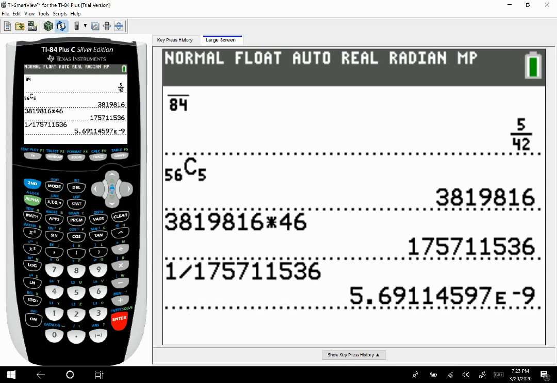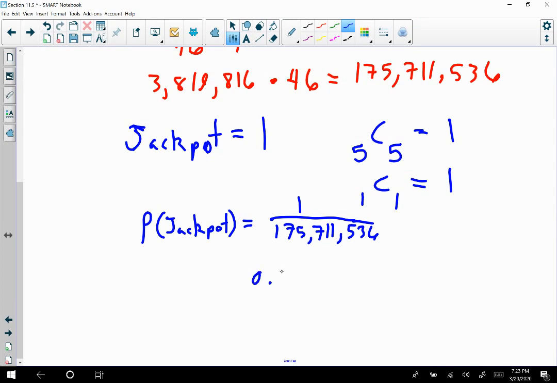That e to the negative 9 means it is scientific notation. If we look at this in unscientific notation, it looks like this: 0.000000005 something, and whatever the rest of it was. So that's the decimal version of it. If you want to think about it as a percent, it would be this: 2, 3, 4, 5, 6.